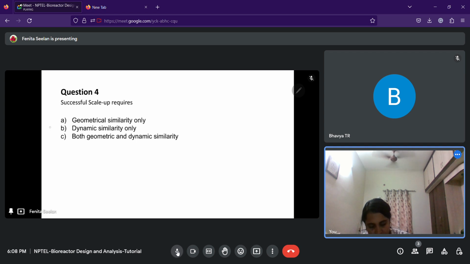The answer will be both geometric and dynamic similarity. In case of your bioreactors, they should be both geometrically and dynamically similar. Then only we can get a successful scale-up.